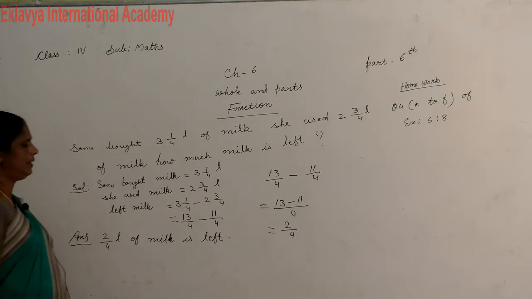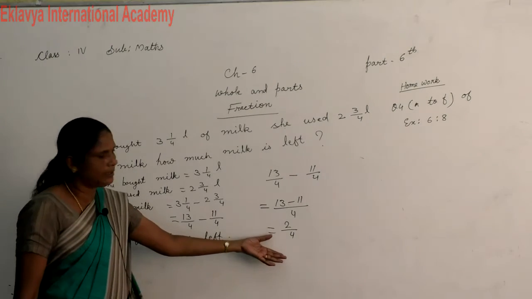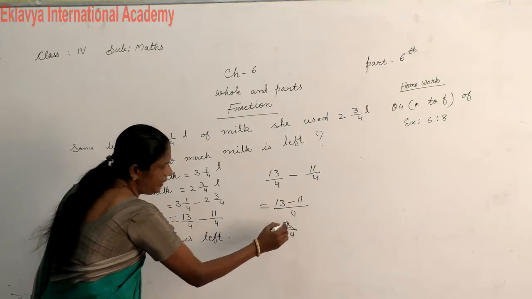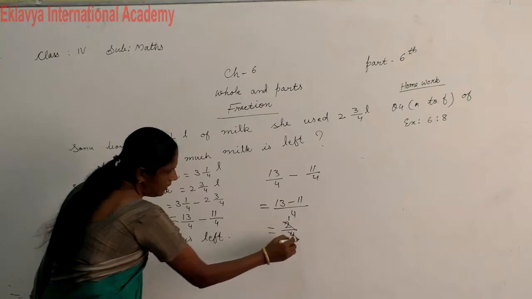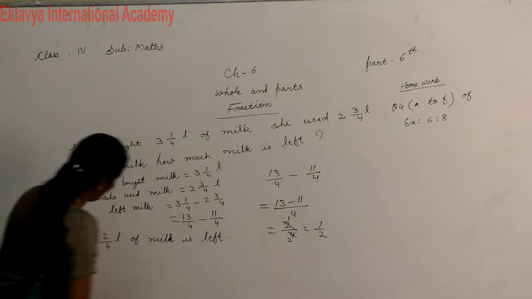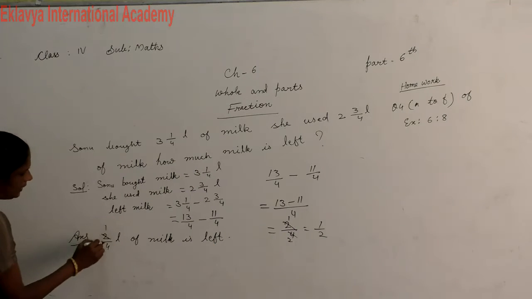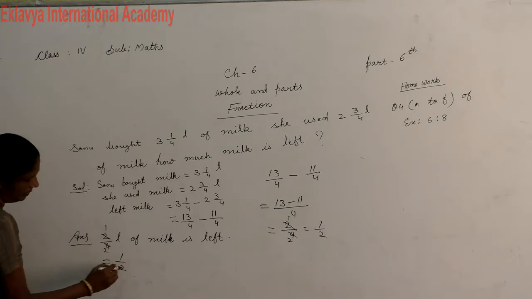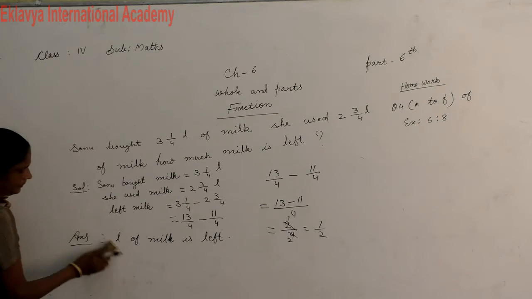This also we cut to the lowest terms, we go into the table of 2, this one, this 2. Final answer 1 by 2. We also cut this, 1 and 2 is equal to 1 by 2. Okay.